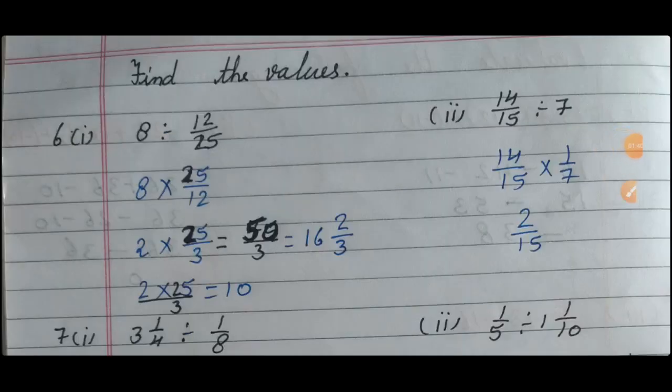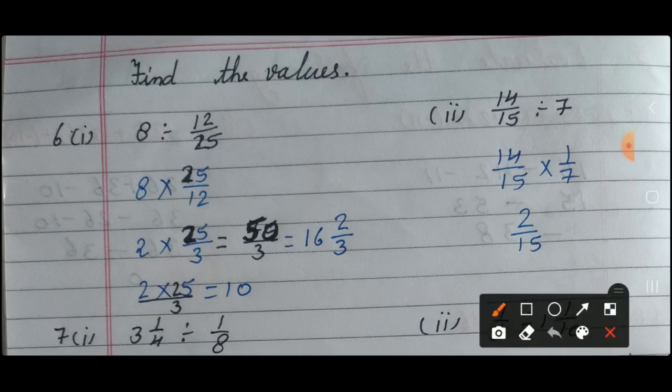Next is question number 6, find the values. In the first part, 8 divided by 12 upon 25. This is your dividend and this is your divisor. Here, first, we have to multiply the dividend by the reciprocal of the divisor.